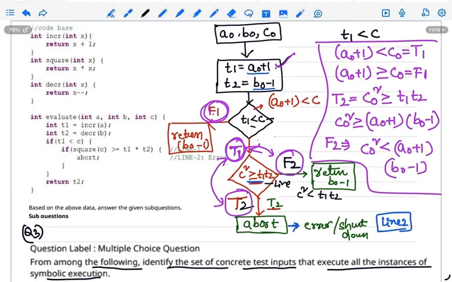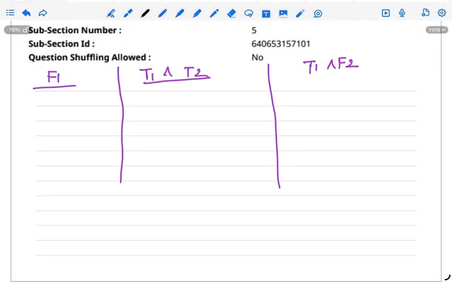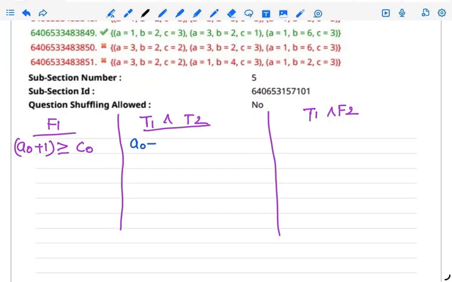So one is A0 plus 1 greater than or equal to C0. This is A0 plus 1 less than C0 and T2, right?